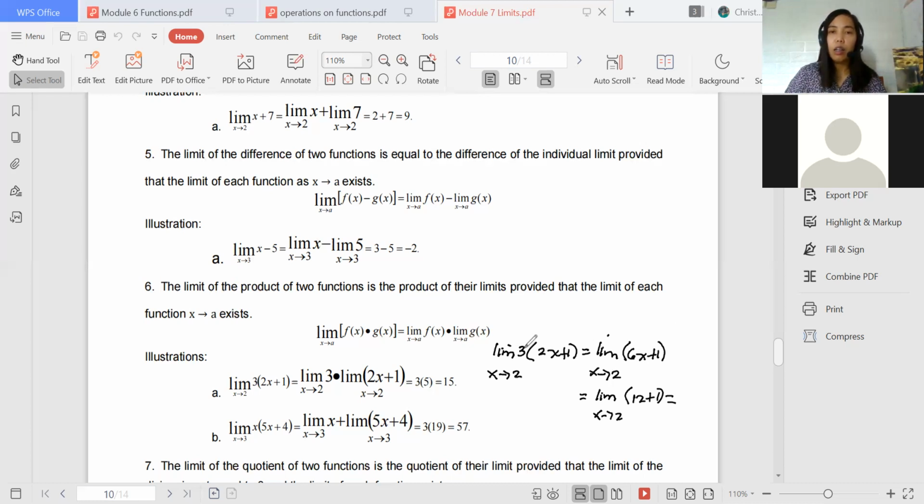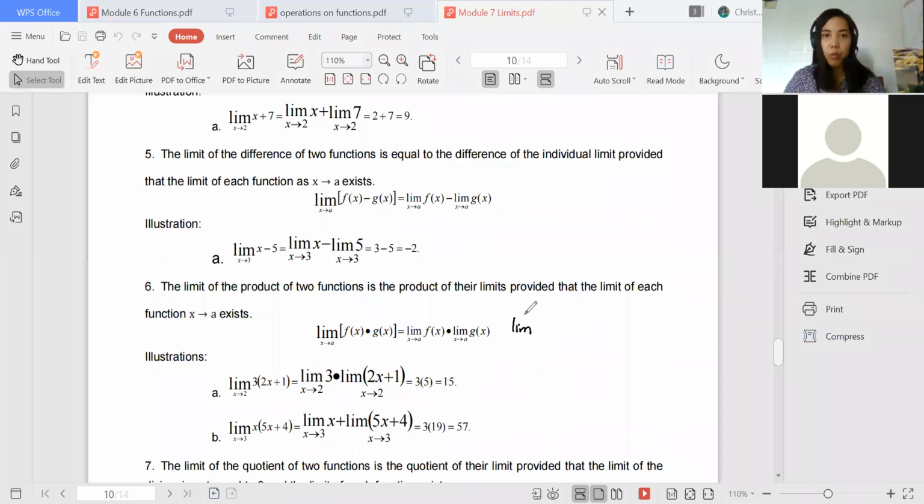Okay, 3 times 2x, 6x. 3 times 1, sorry, the answer is 3. So when we simplify this, ang sagot natin kanina ay 6x plus 3.